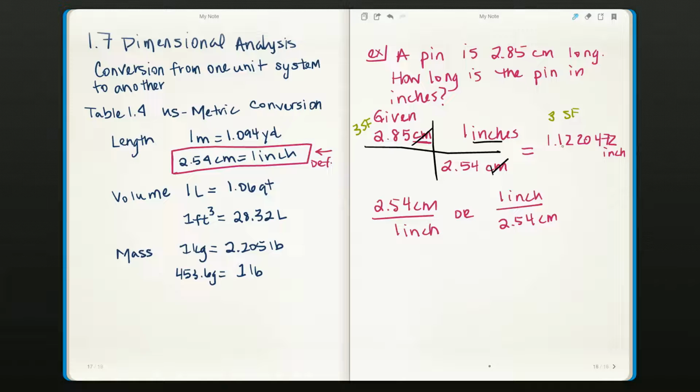So 1, 2, 3, mark where your significant figures will end. So the 2 will be your last significant figure, and now you can round. So we look at the number to the right of the 2 and see if it's equal to or greater than 5, then we would round up. But since it's not, we keep it the same. So our final answer would be 1.12 inches. So keep in mind sig figs every time you do a calculation.